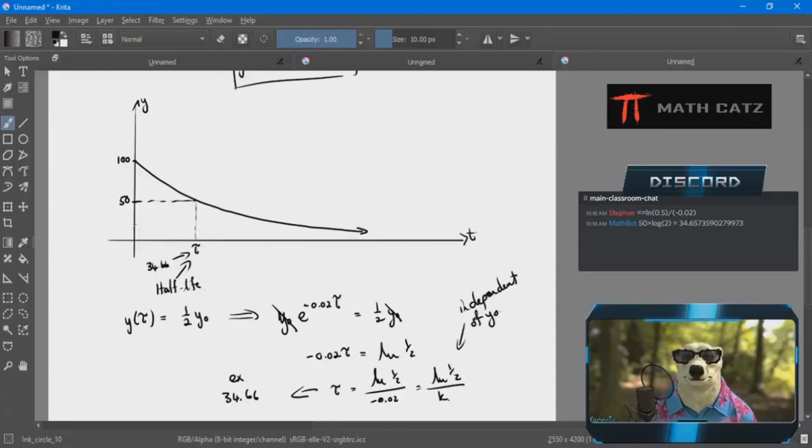What's interesting about radioactive decay and this kind of exponential curve is that if I go from here, I have 50. If I want to go down to half of that, it'll take exactly the same half-life time window. And if I want to go down and halve that, it will take exactly the same half-life window.